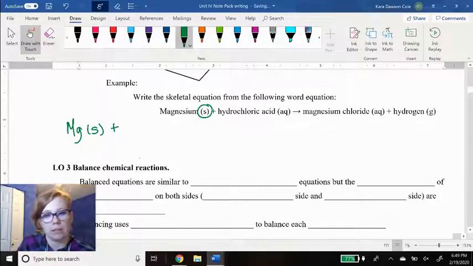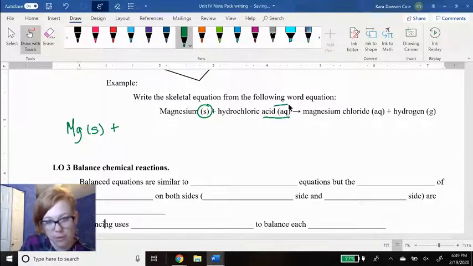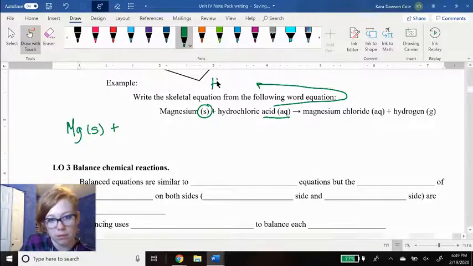hydrochloric acid. That's an intense one, right? So acid, aq, right? Acids are always aqueous. Well, if I have acid, right? Acid is H+, right? So it's +1.